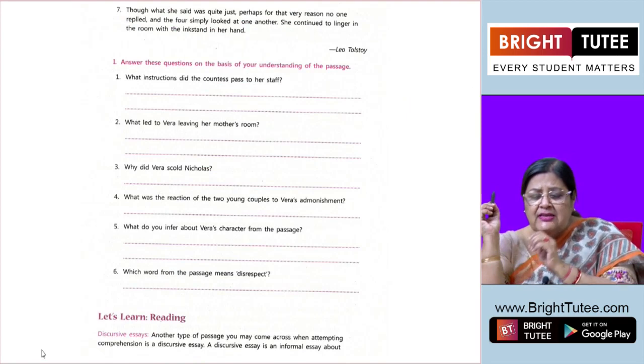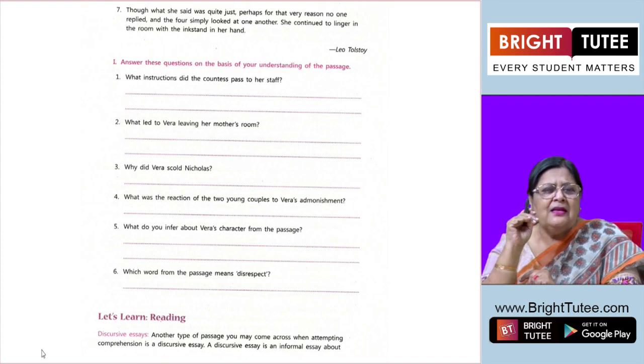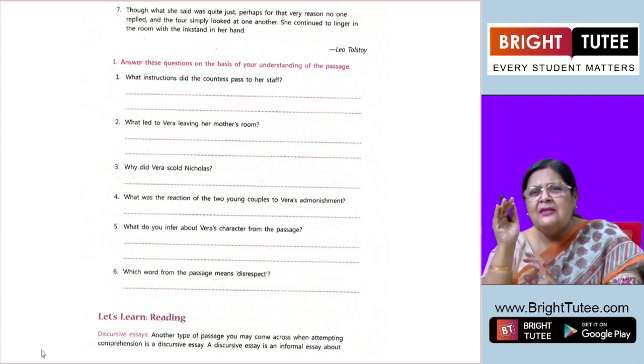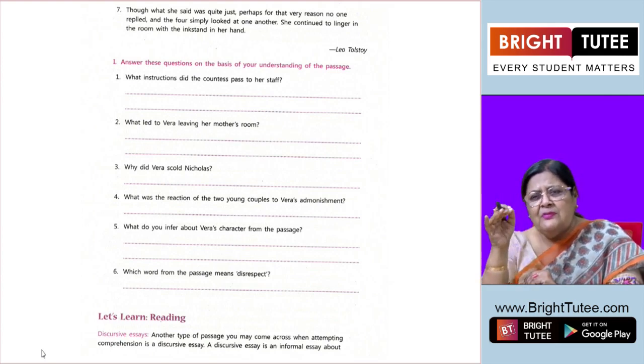Though what she said was quite just, whatever she was saying was not wrong. She was probably right. Why has he taken the thing of Vera without asking her? And why does he behave so carelessly that whenever he wants he can come running inside the room, making people ashamed?